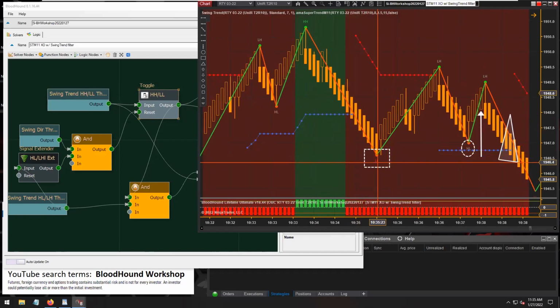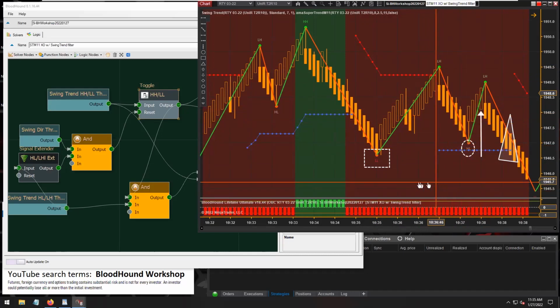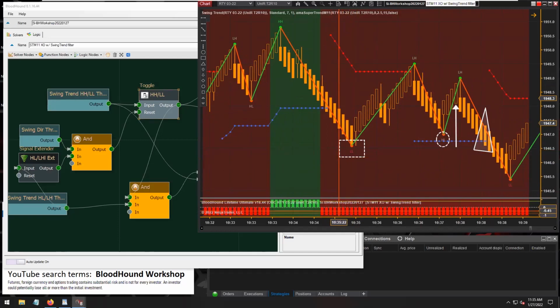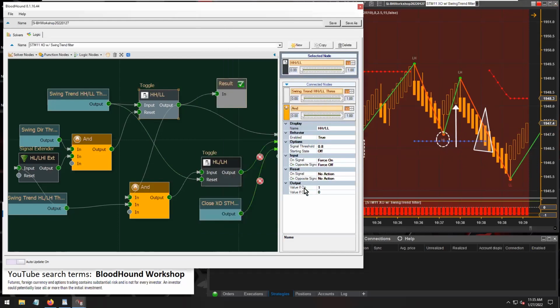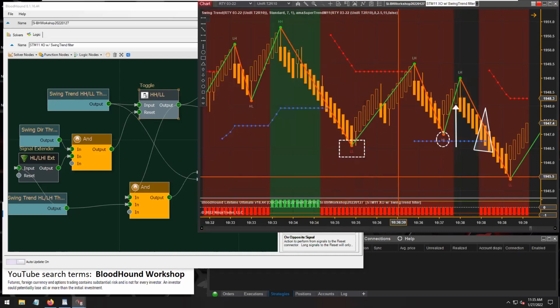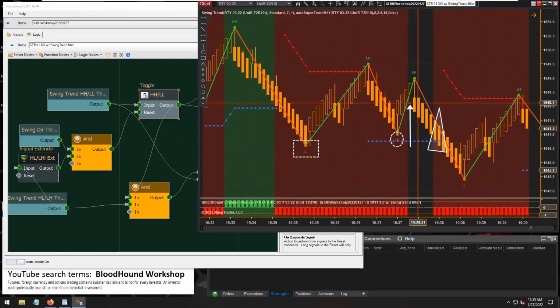So getting back to our lower low, here's our lower low, lower high, so we're still good. But right where the arrow is, that's where we want this lower low short output to end. So on our toggle node, I think we're using an opposite signal. Yep, there we go. So that higher low gets locked in and it turns off the lower low toggle node.